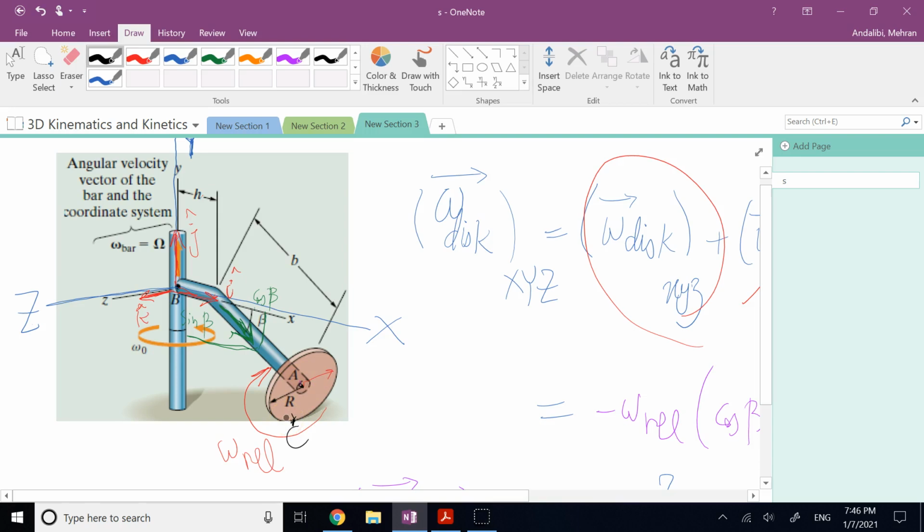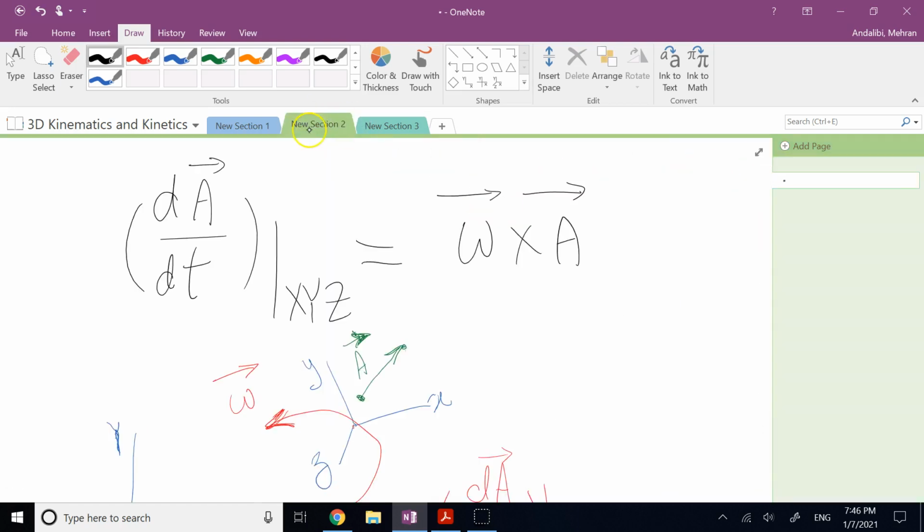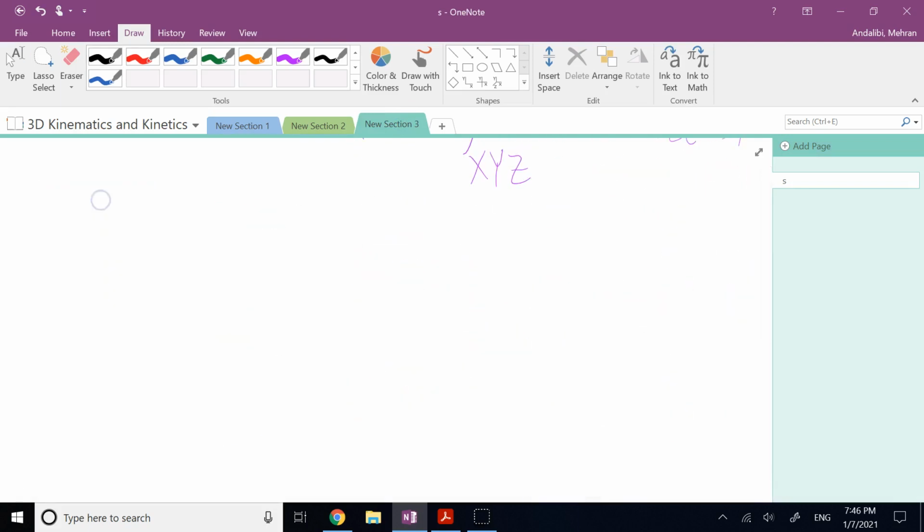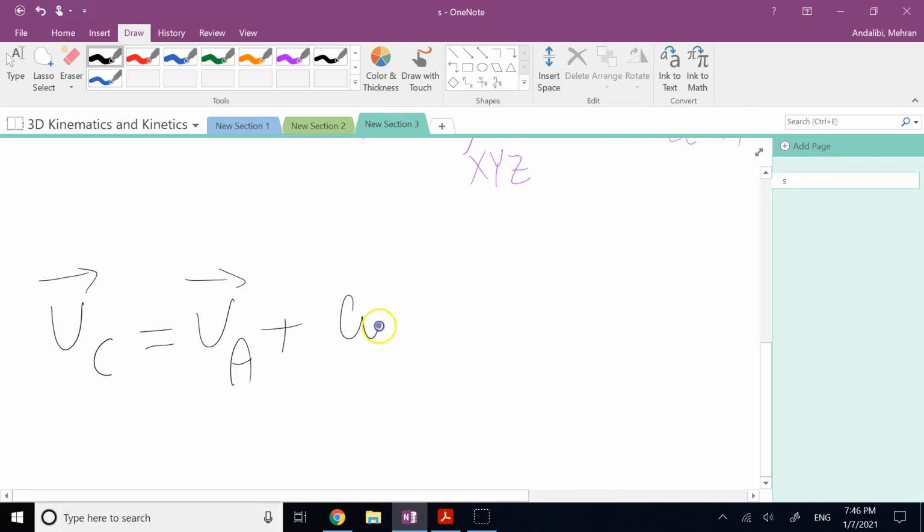As I said, the formulas of kinematics that we have seen in the past are still valid, so I'm going to use this guy here. And I say that V of C is equal to V of A, because they both belong to the disk, plus omega of the object cross R of C with respect to A. Now the question is, which omega would you put here?